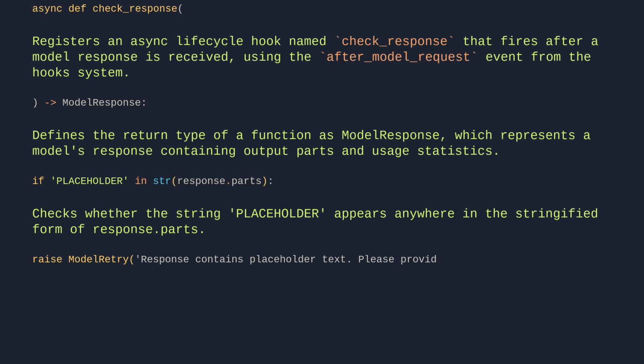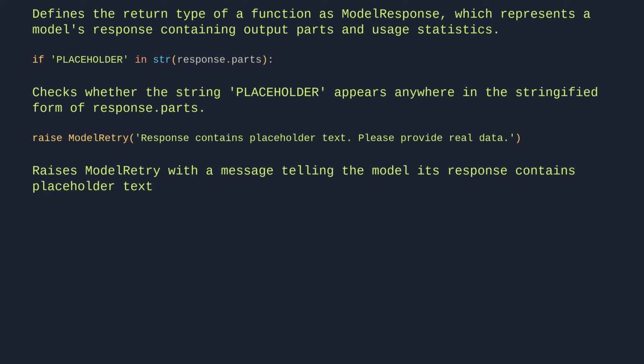Please provide real data.') Raises ModelRetry with a message telling the model its response contains placeholder text and needs real data. return response. Returns the response value from the function.